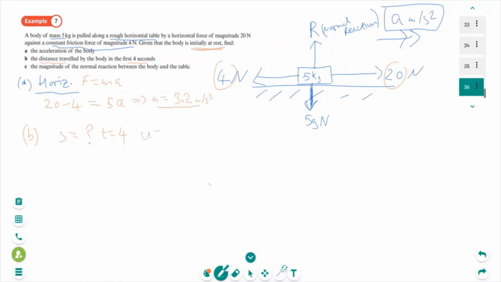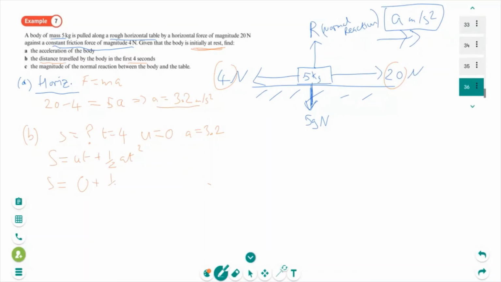U equals 0. Okay, so we need a Suvat equation involving S, T, U, and A, because we know what A is. A equals 3.2. Okay, so it has to be S equals UT plus half AT squared. Okay, so S equals then, because U is 0, you just get 0.